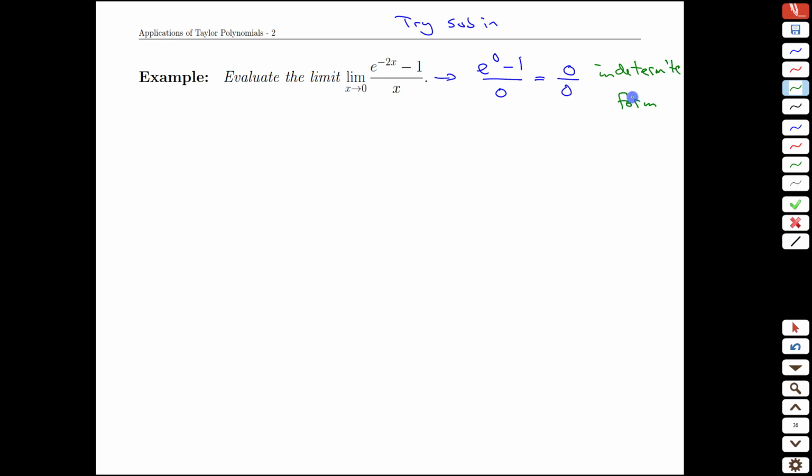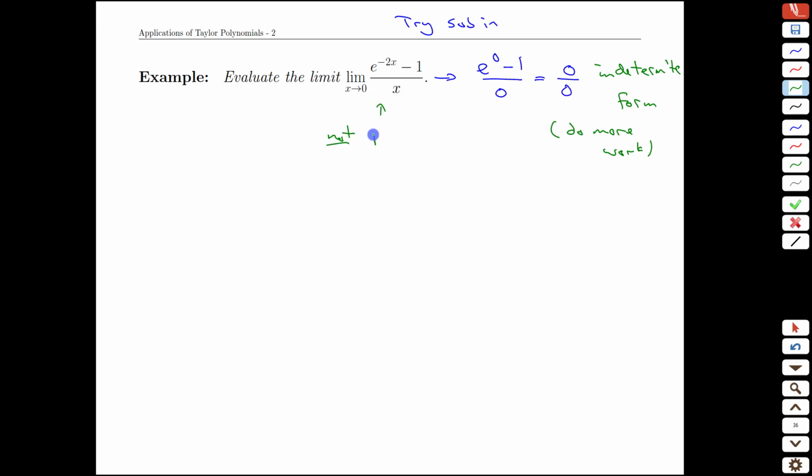And remember, an indeterminate form means you have to go back and do more work. This ratio doesn't have any meaning at all. You have to simplify the original expression somehow before you can evaluate the limit. But there's a problem with that, which is this is not the kind of formula we've seen before.